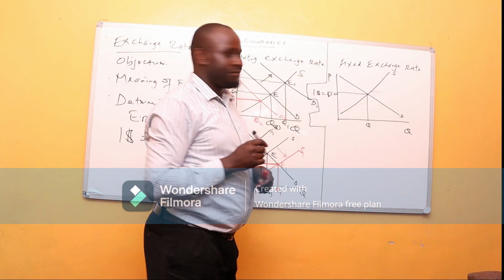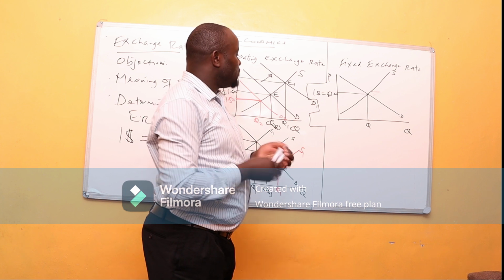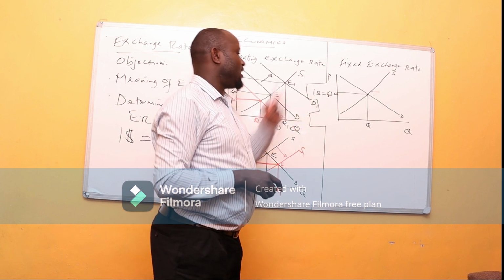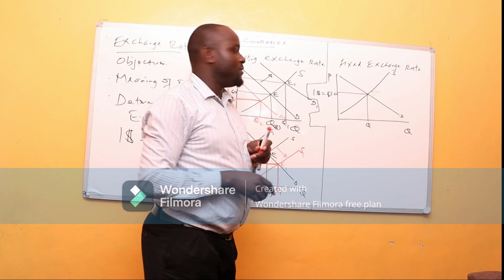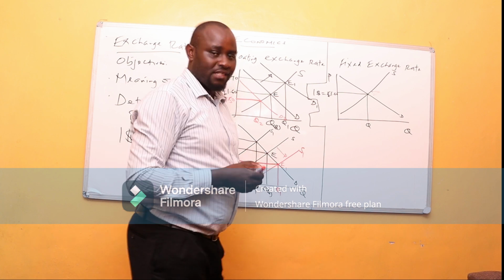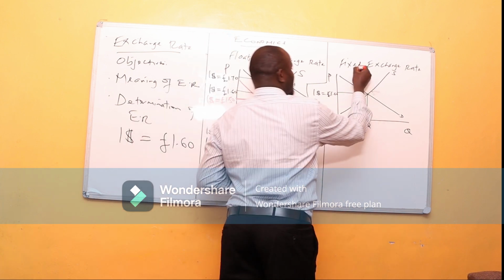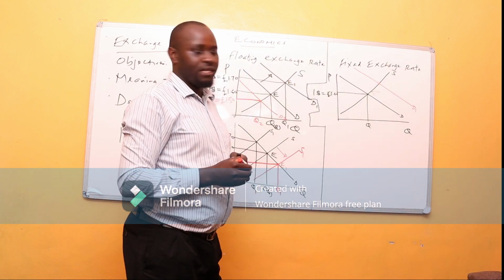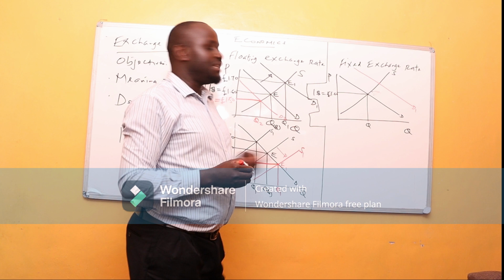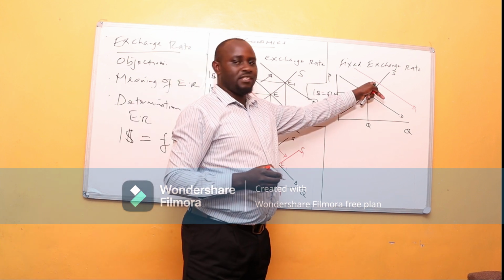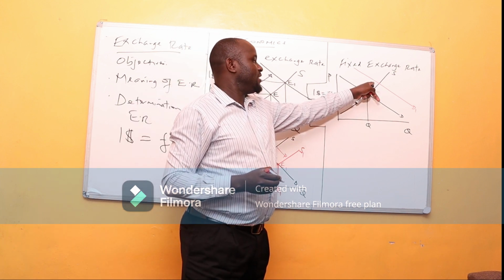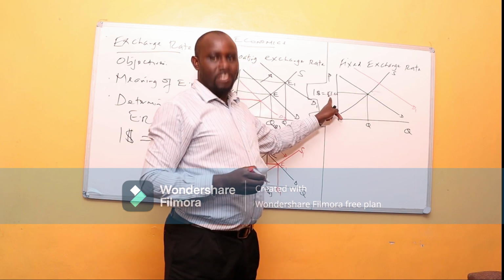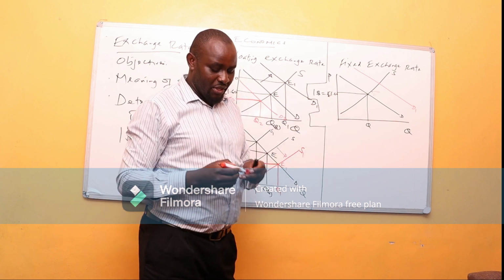Now what's happening? Let's assume the government wants to fix that exchange rate at a dollar is equivalent to 1.60 pounds. An increase in demand for the currency will shift the demand curve outward to D1, which leads to a higher exchange rate, as you can see clearly. However, the government does not want this exchange rate to change. So in that case, what does the government do?